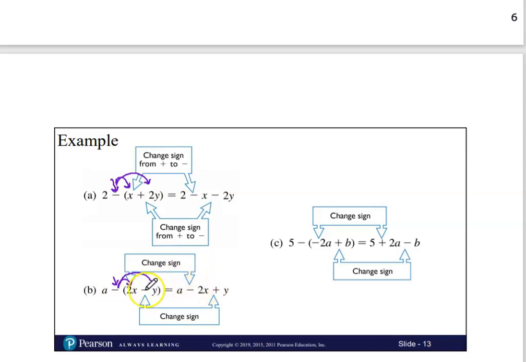We've got a negative y here, so we want to do the opposite of negative y, which is going to be a positive y, and we would write that right there. So if you have a negative sign in front of the parentheses, you make whatever is inside the parentheses the opposite of what it was. If it was positive, make it negative, and if it was negative, make it positive.